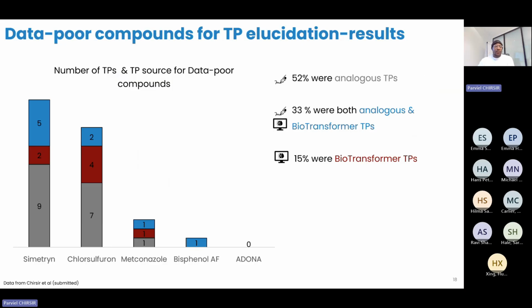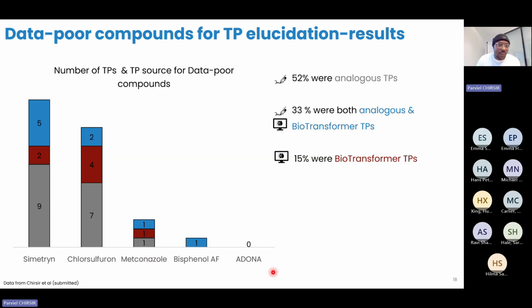Some of the results include, for the data-poor compounds, in total 33 transformation products annotated from 4 precursors. So no transformation product was annotated for Adona. The highest number of TPs were annotated from symetrin, followed by clossiferon and metconazole.